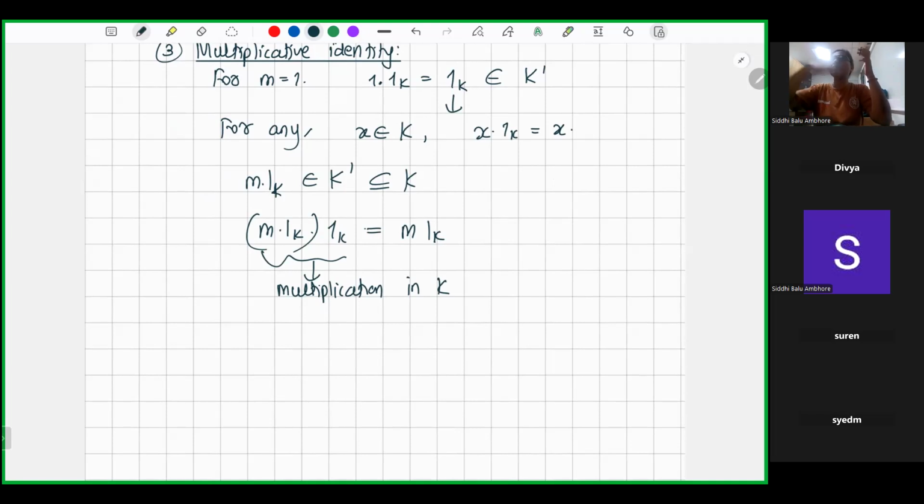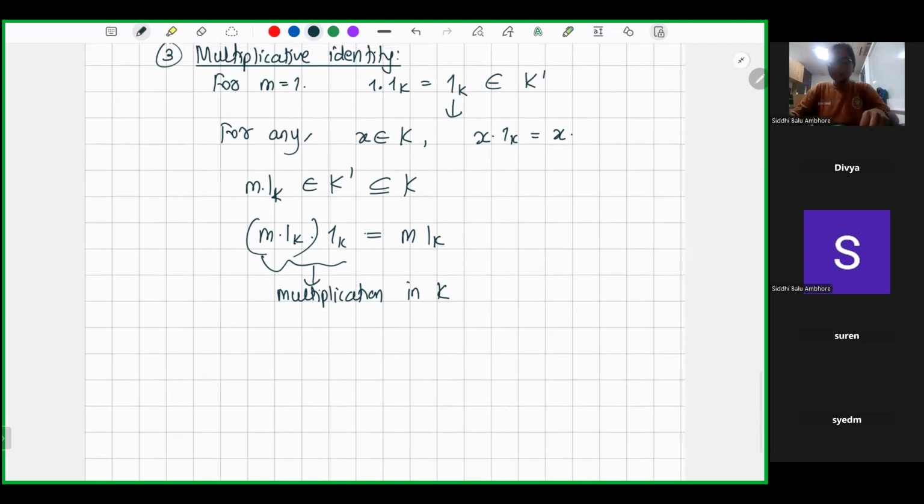The 0 in my original vector space V, if I want to prove that something is a subspace, we show that the original 0 from my set is also there in my subspace.